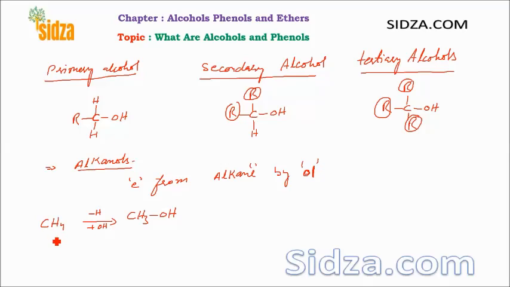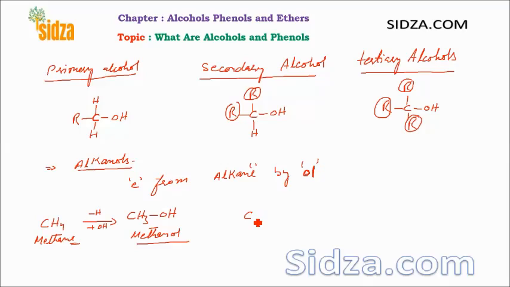So therefore, the parent alkane is methane, and the E here we will replace by the OL. So this will be called methanol.